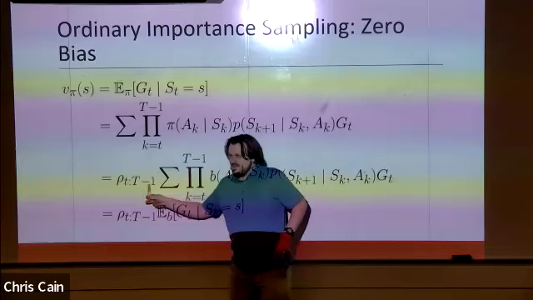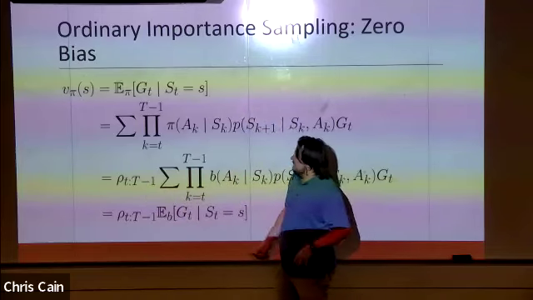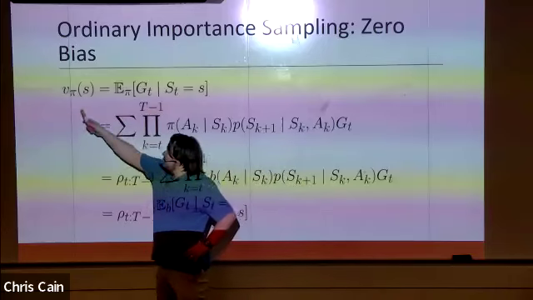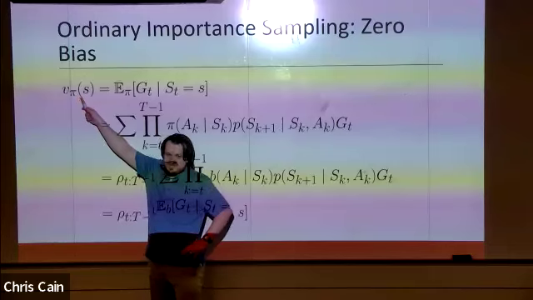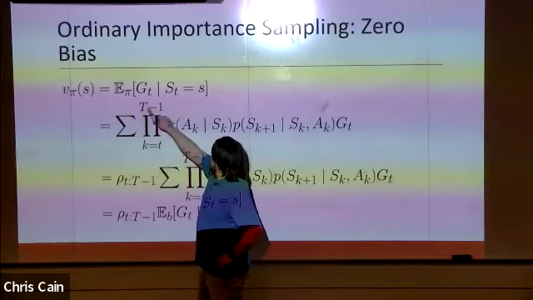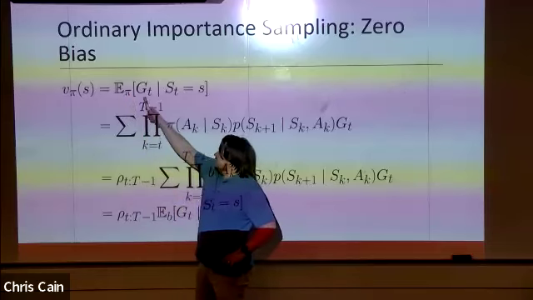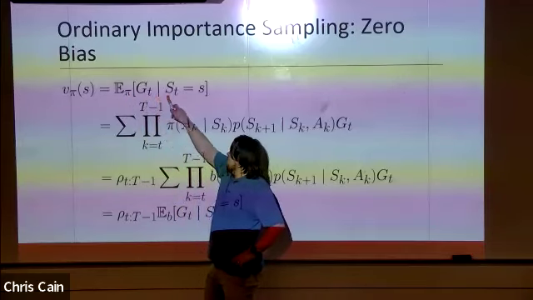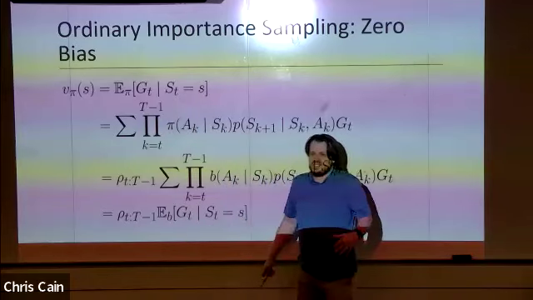So we've already calculated that, but if you want to come up with what we call an ordinary importance sampling, we're trying to define the value of being in a particular state according to a particular policy. So we're going to declare that that is equivalent to the expected value of that policy, given the return at time t, given that we're in state S at time t. So that sets the stage.